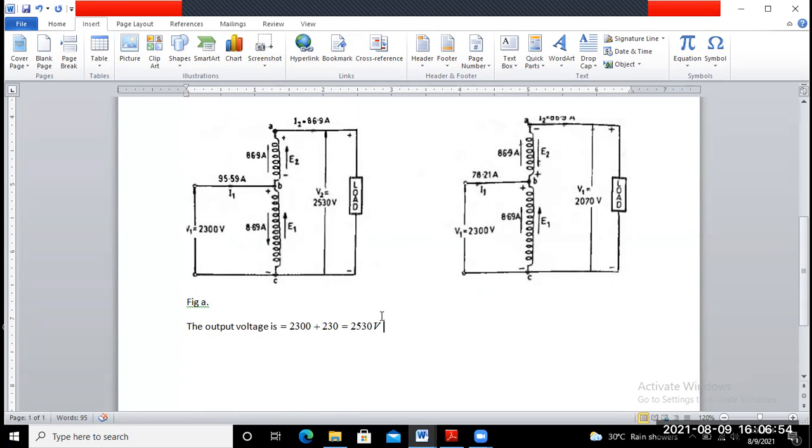Okay, because the two windings are in series adding.